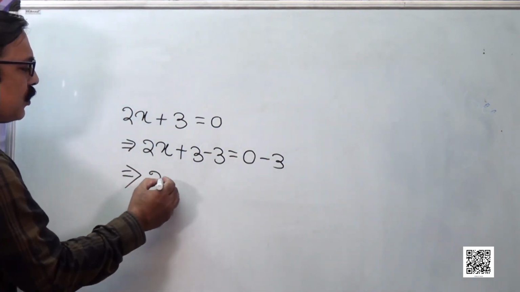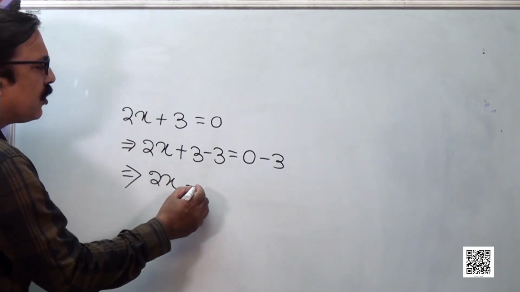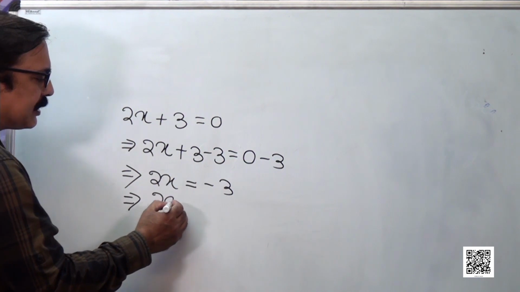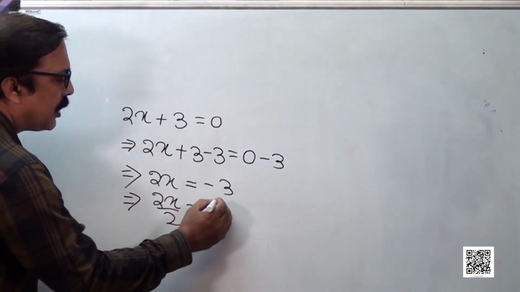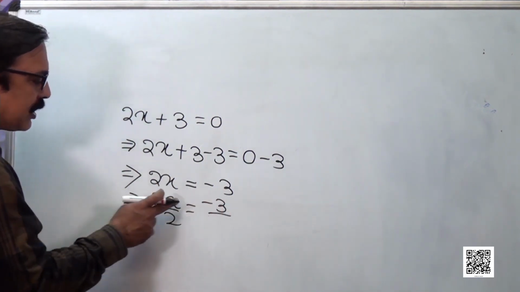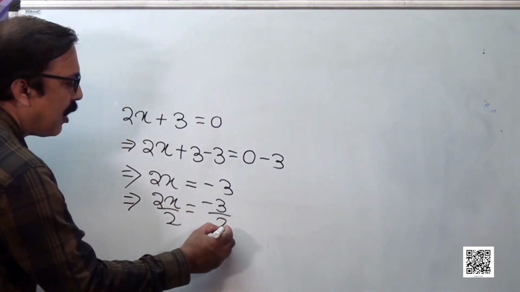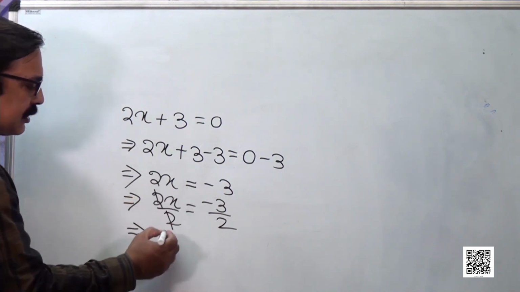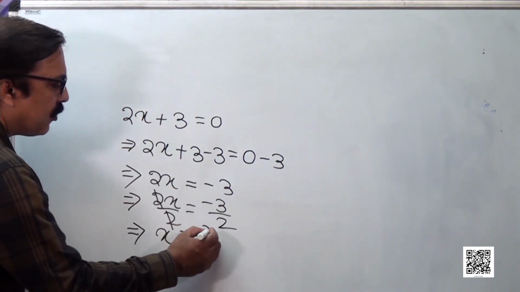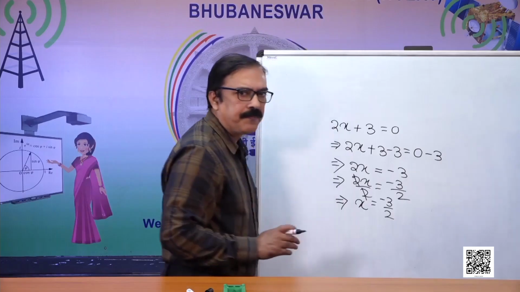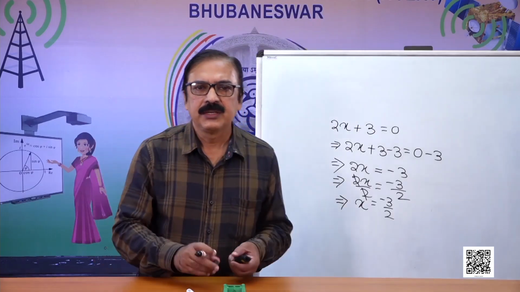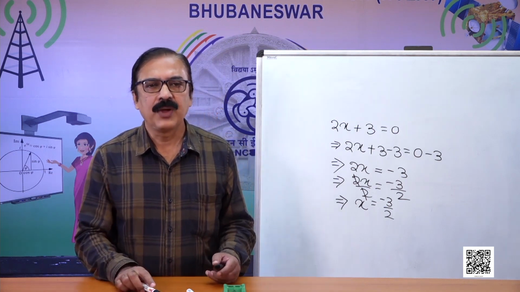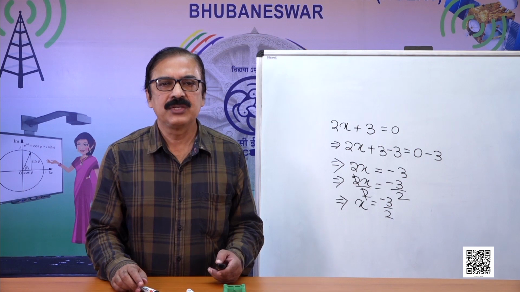This gives 2x, 3 minus 3 is 0, is equal to minus 3. Now divide both sides by 2. We get, on the left side we have 2x by 2 and on the right side we have minus 3 by 2. This gives 2 to cancel and x is equal to minus 3 by 2. So this is the solution of this linear equation 2x plus 3 is equal to 0.